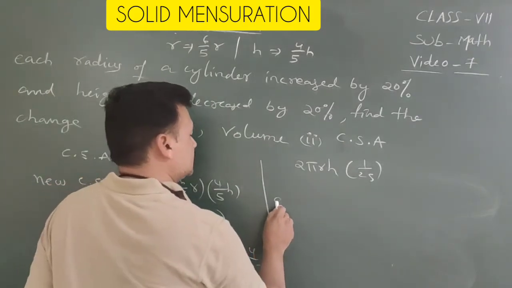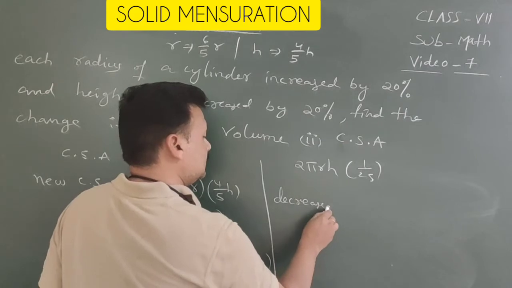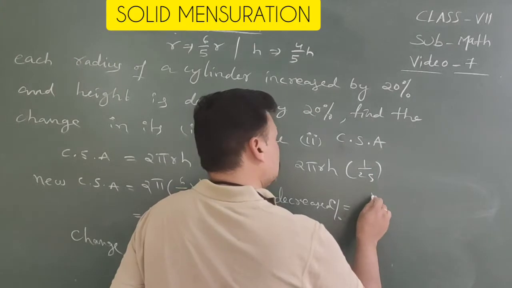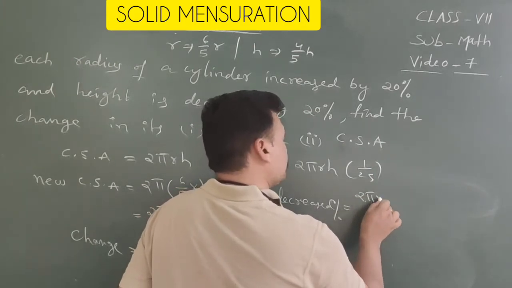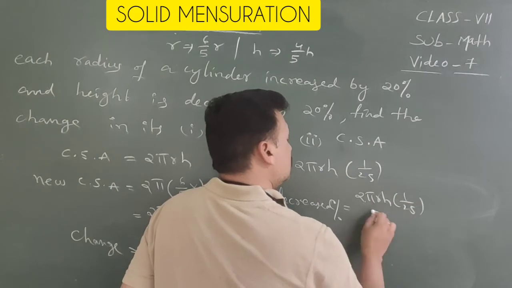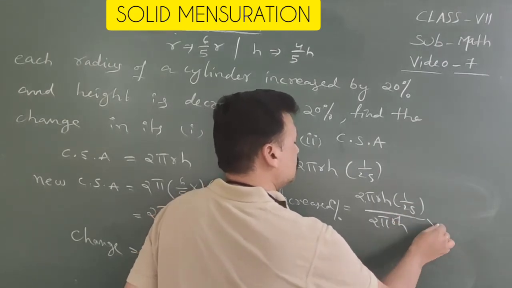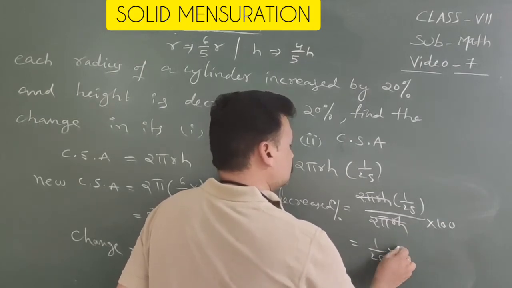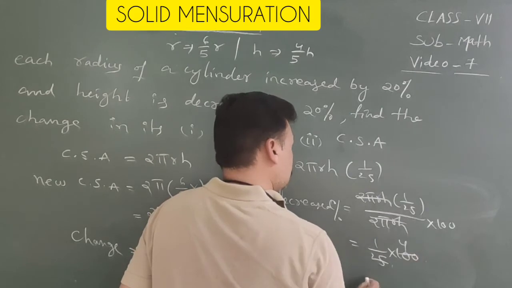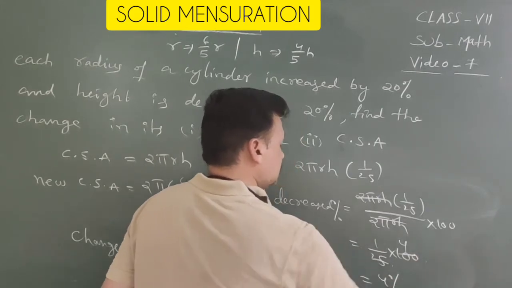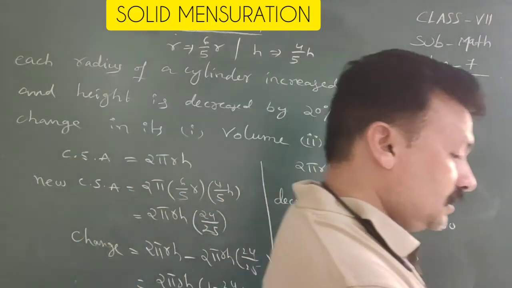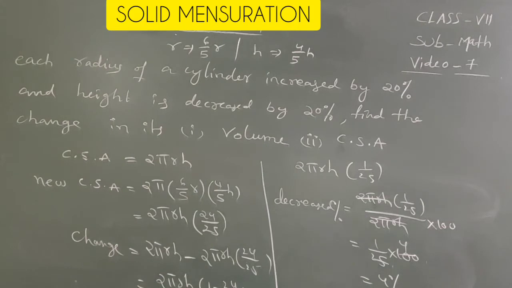Now in terms of percentage, decreased percent equals decrease in value by original value. Here 2 pi RH into 1 by 25 by 2 pi RH into 100. 2 pi RH will cancel. 1 by 25 into 100. Here 4. So 4% decrease. 4% CSA decreased.